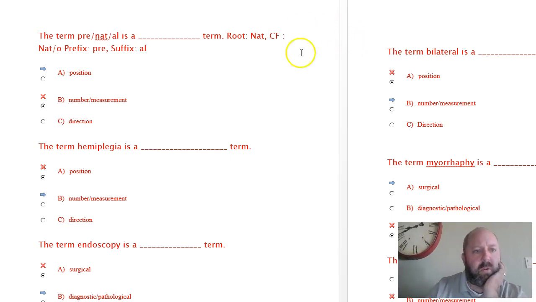So now we have the word broken down into its parts so that we can see what we're dealing with.